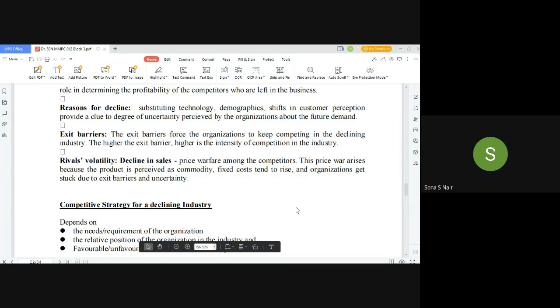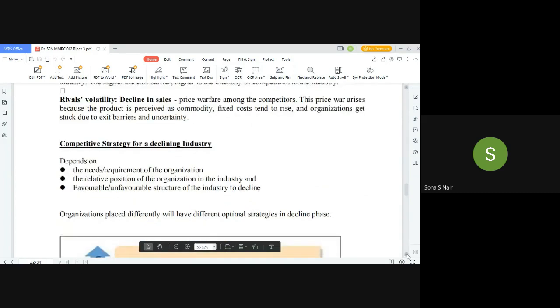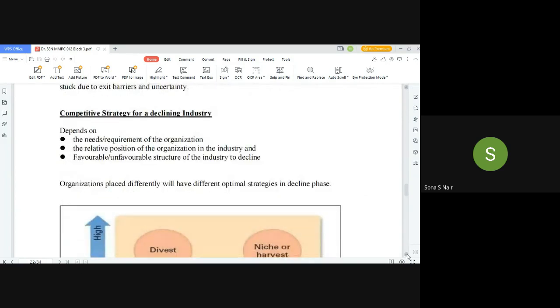Okay. Competitive strategy for declining market, declining industry. Now, the kind of strategy that the organization will adopt in a declining industry will depend on its own needs.